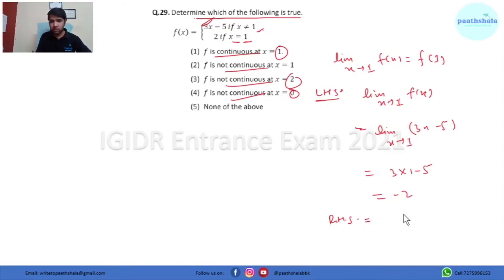So RHS will come out to be f(1), which is equal to 2. Here you can see that in this situation, your LHS is not equal to RHS. Okay, so this function is not continuous at 1. For testing the limit you can take 1 plus and 1 minus, but instead of that you can check directly on this function. You will get the same result.